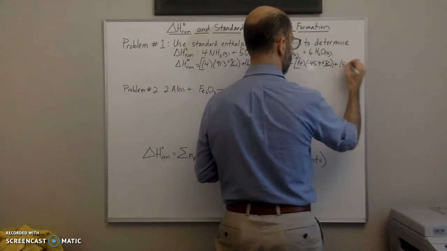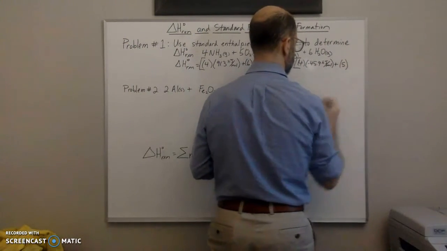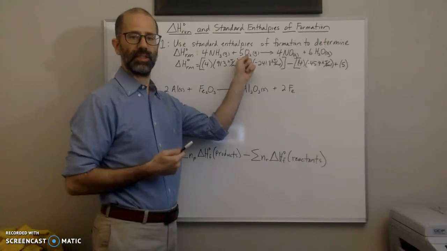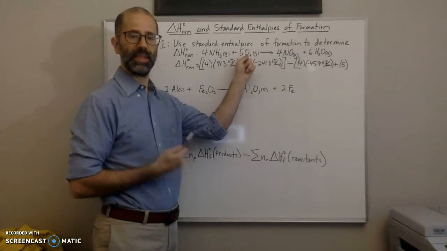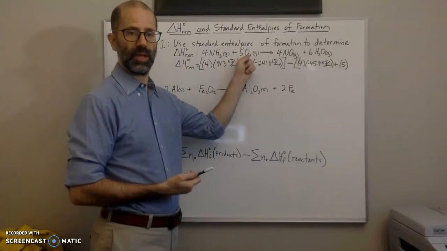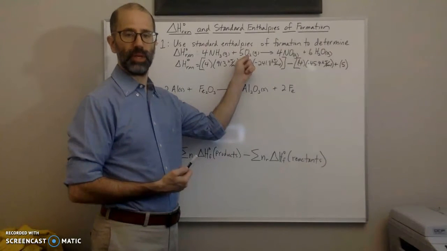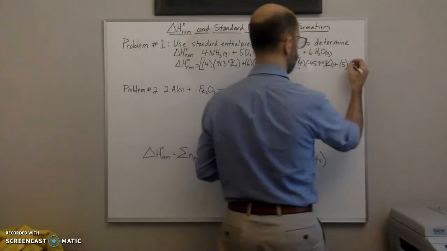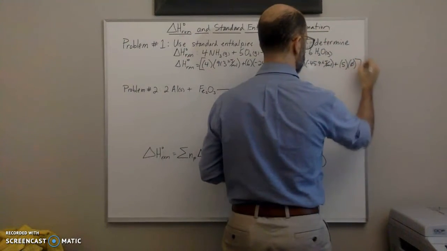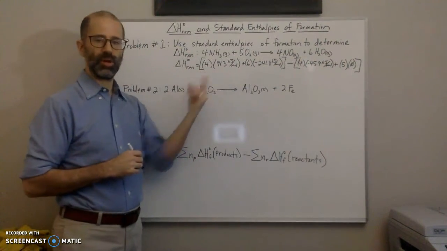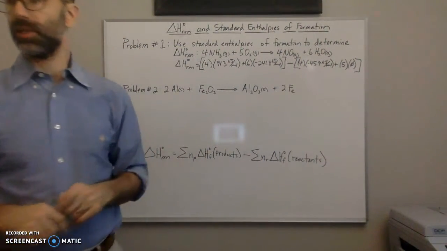So we're going to have 5 times that of oxygen. Now for oxygen, oxygen is an element, a pure element in its standard state, so this would be 0. The standard enthalpy of formation is going to be 0 for any elements in their standard states. And so then all we need to do is add this up, and the result should be the delta H of the reaction.